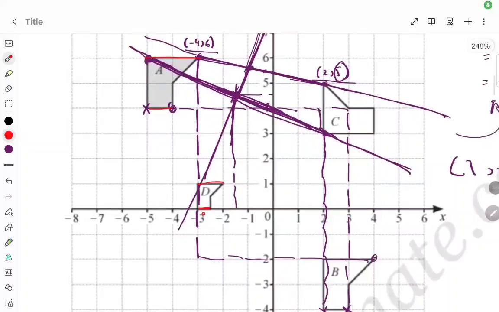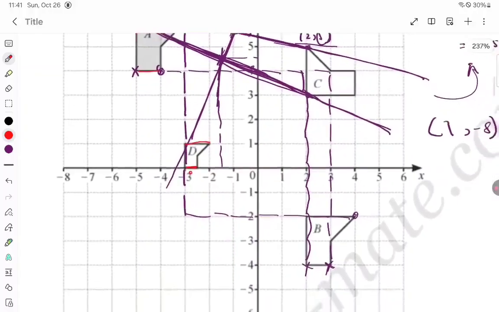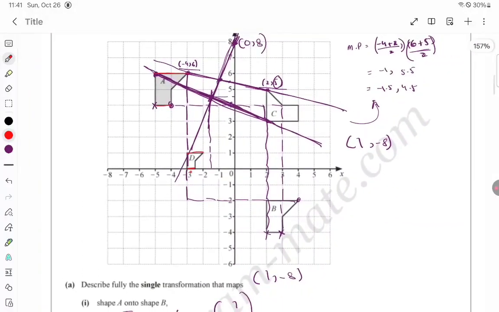Now the scaling factor is reduced by 0.5, and for the center point, just simply connect each point together. It will connect somewhere in this point for first.